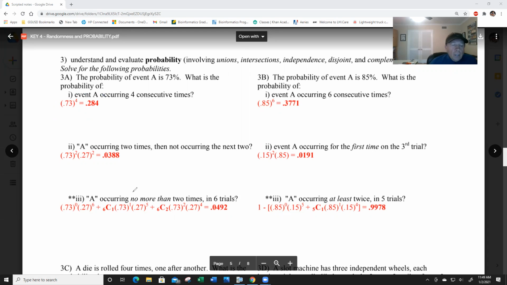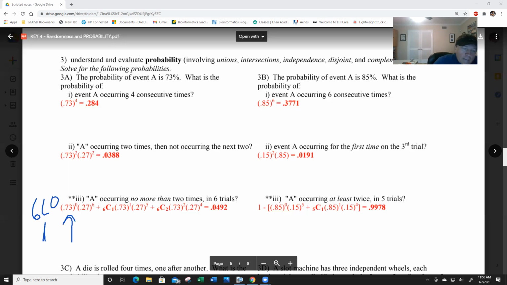And the last one, A occurring no more than 2 times in 6 trials. No, this is tough. No more than 2 in 6 trials. So no more than 2 is it occurs 0 times, then it occurs 1 time, then it occurs 2 times. No more than 2 is 2, 1, or 0. So what we've done is this is 6 choose 0, which is 1, by the way.